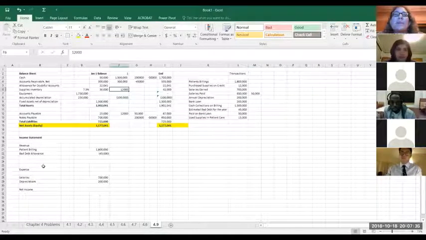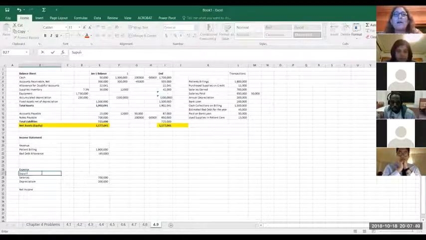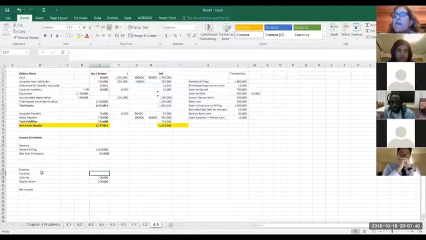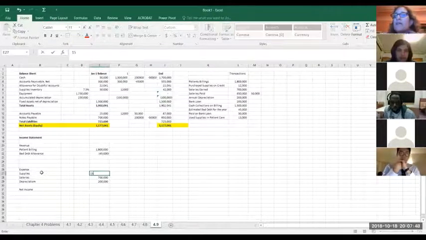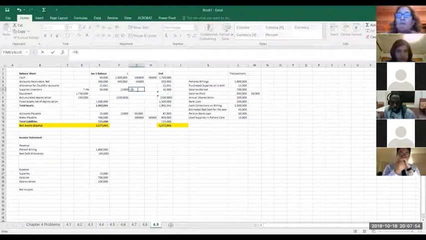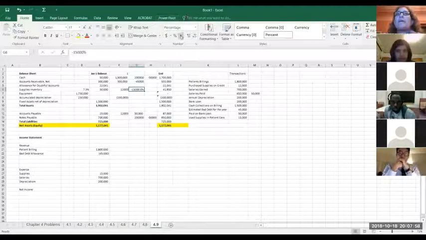That's when it hits our P&L, when we're actually using them. So we will have a supplies item here, and that one will be 15,000. So we're going to use 15,000 in supplies, and then we have to take our inventory down by 15,000. Using the supplies, okay?